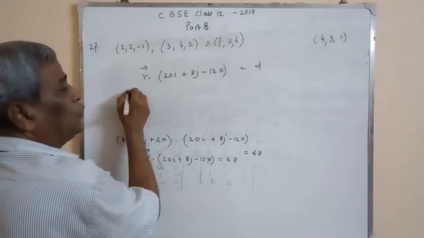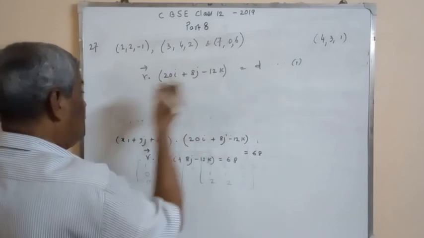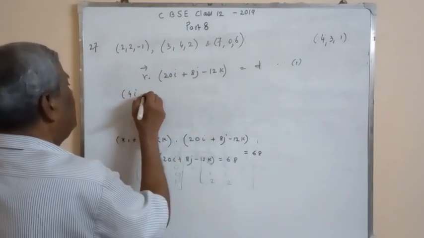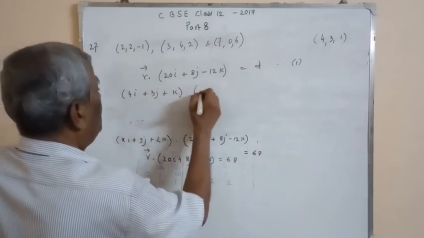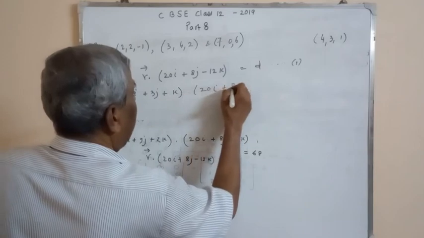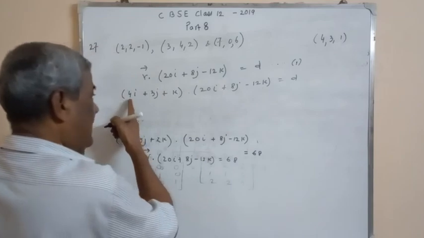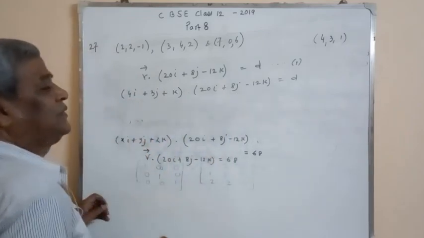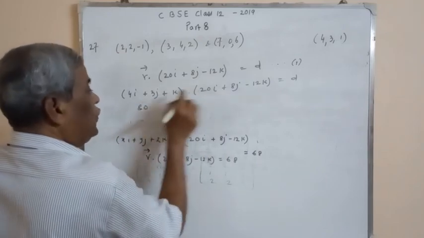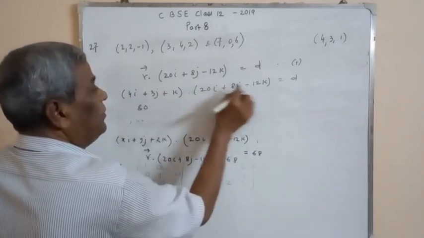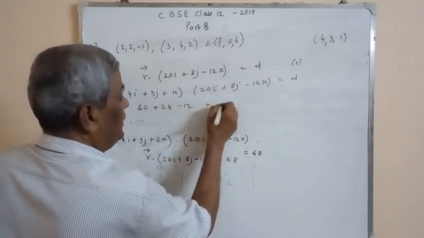So let it be, say, r. Putting 4i plus 3j plus k dot 20i plus 8j minus 12k is equal to d. Taking the dot product, we have 20 into 4, 80, plus 24 minus 12 is equal to d.